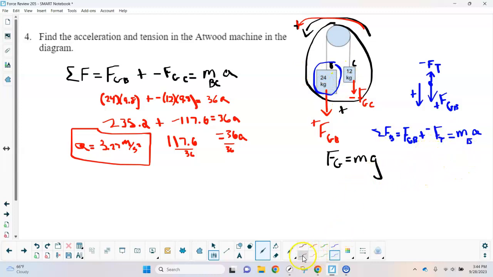So that's essentially what we're doing. We already know some of these numbers. So 235.2 is the gravity of B. Tension is what we're looking for, so negative F tension. And then it's going to be the mass, which is 24, and our acceleration that we just found in part A, which was 3.27.